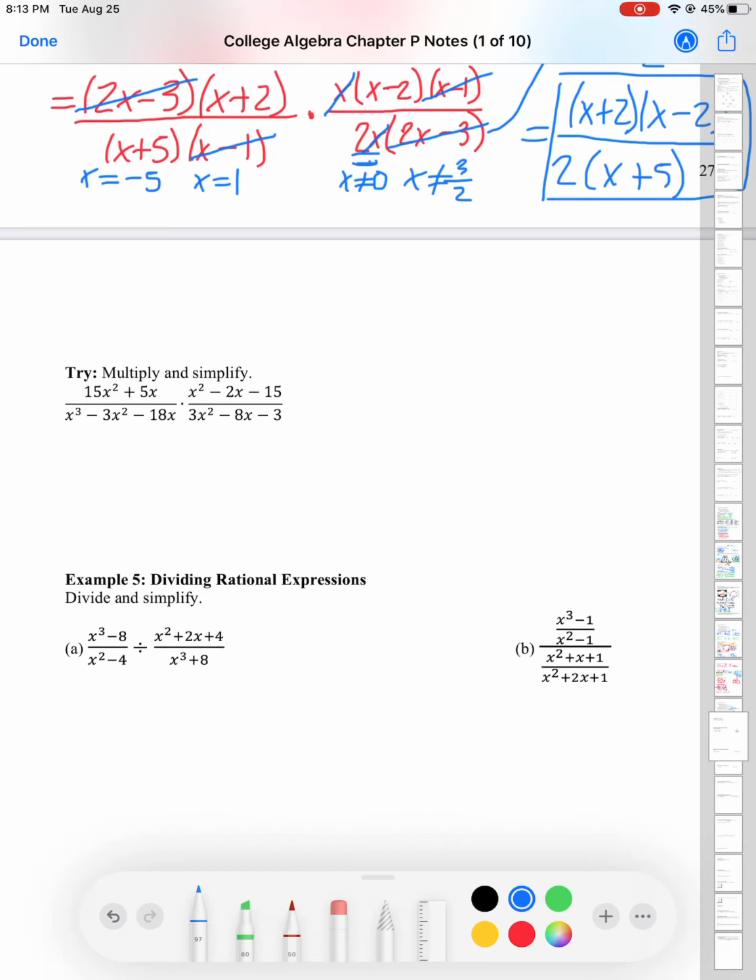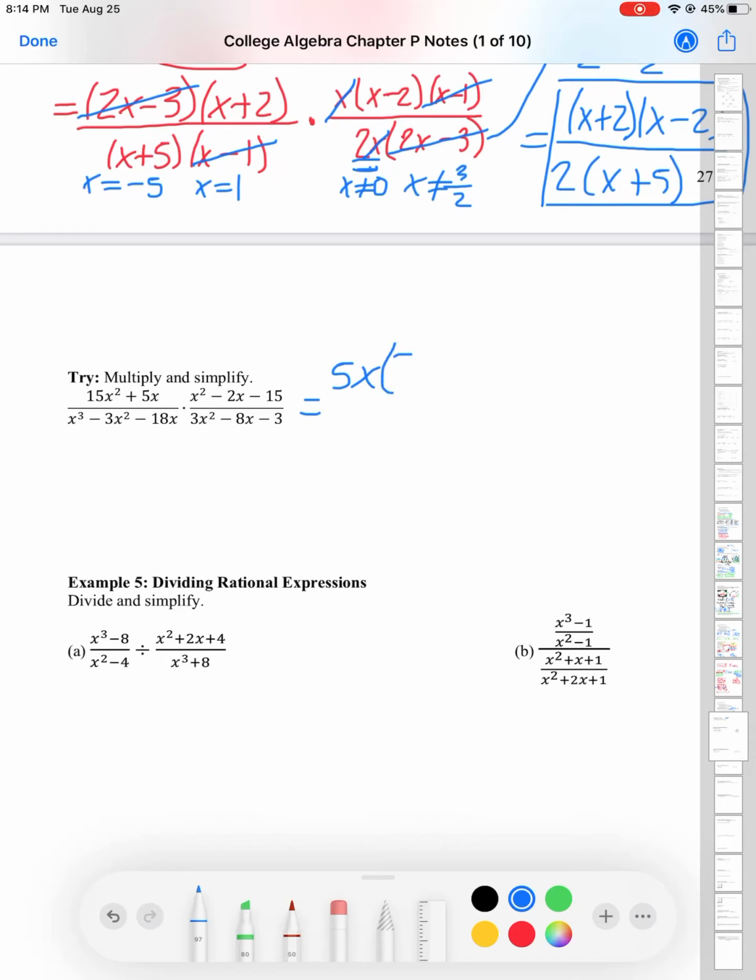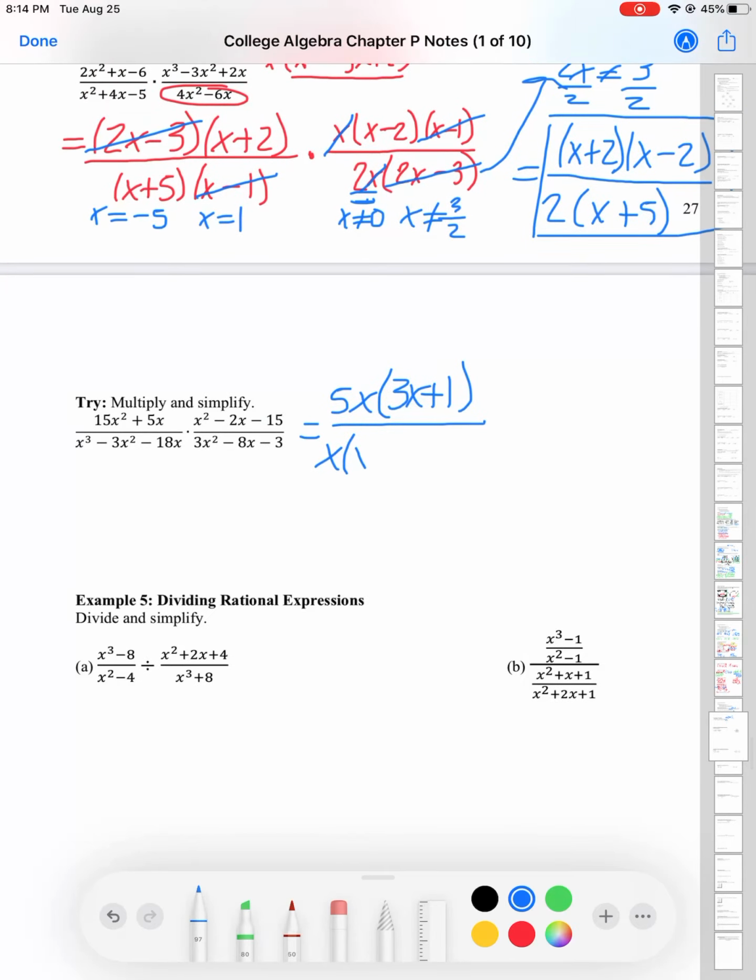So pause me and try this problem. But this all factors like 5x times 3x plus 1 over x times x minus 6 times x plus 3 times, then we factor the next numerator with the X method.